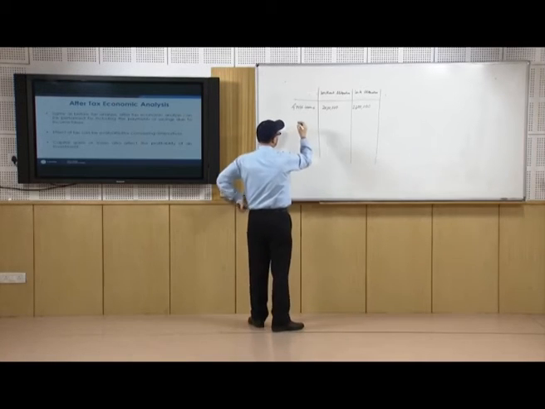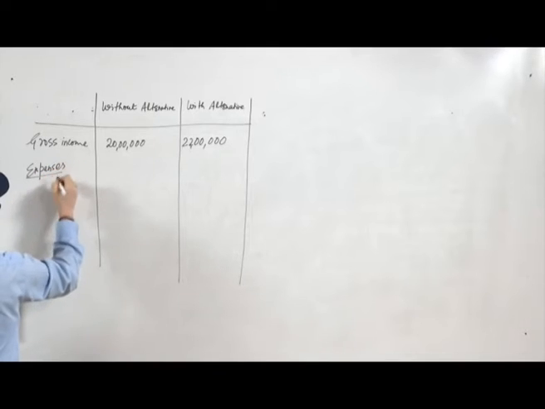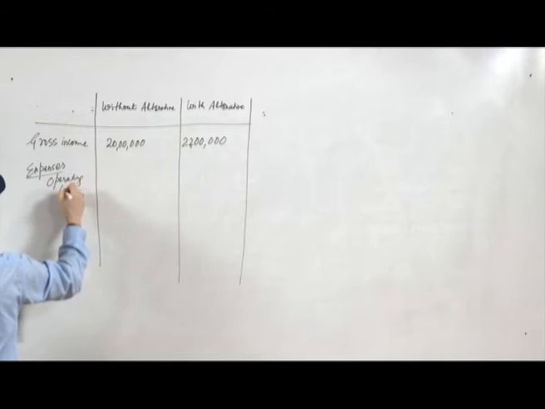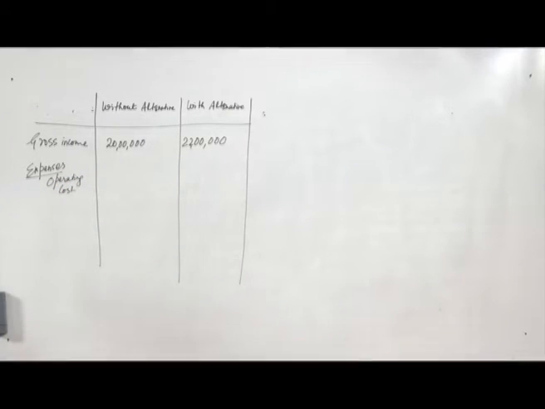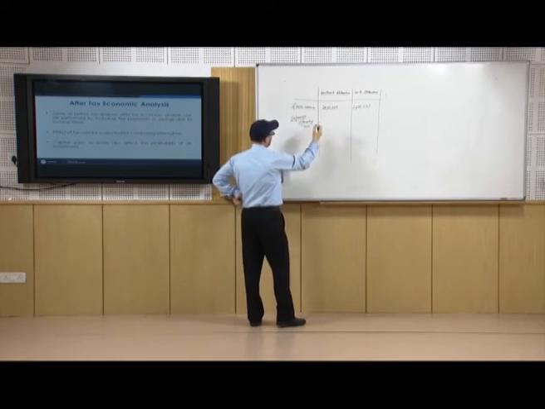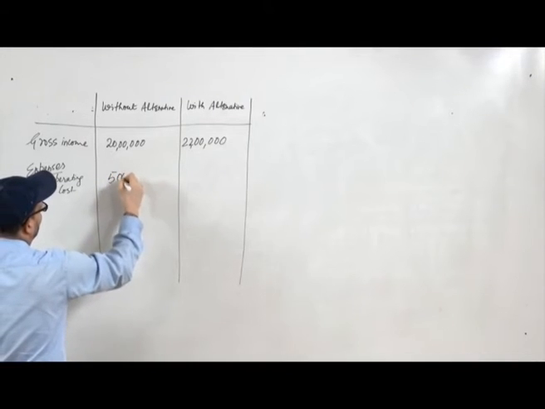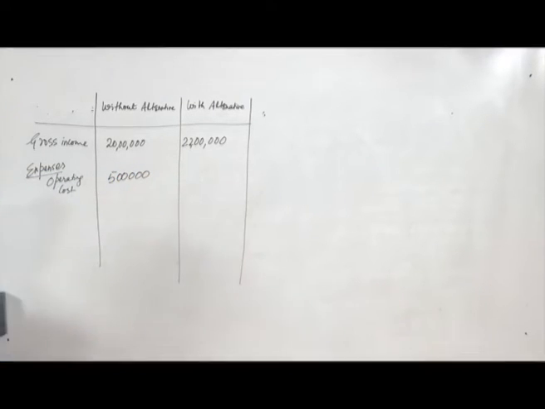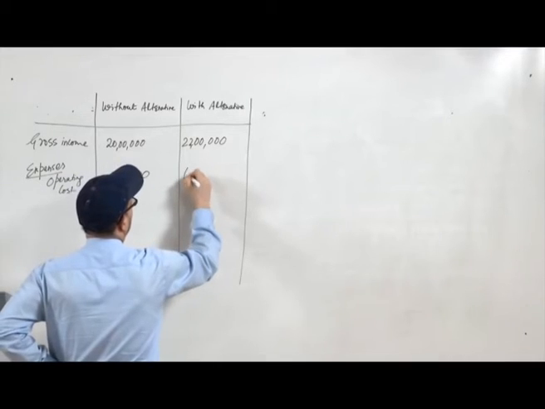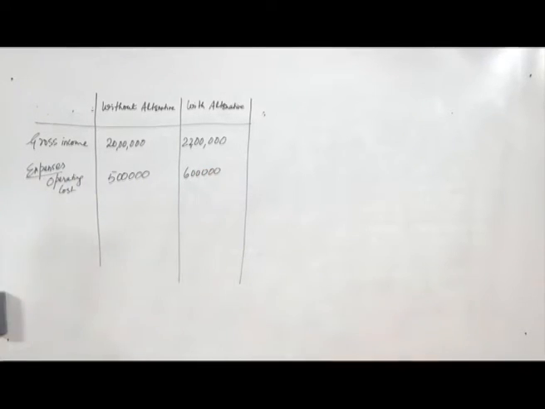Further, the expenses like operating cost is seen as 5 lakh when we are talking about the without alternative case, and 6 lakh when it is with alternative.